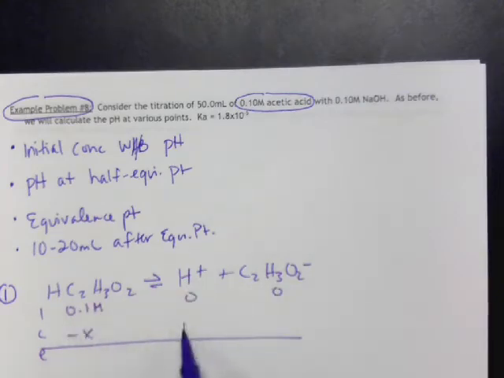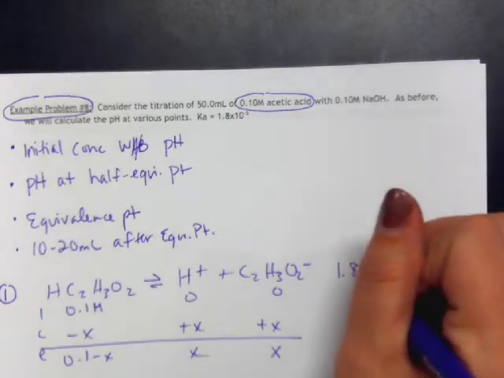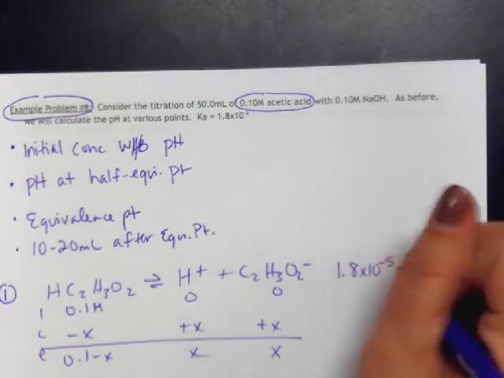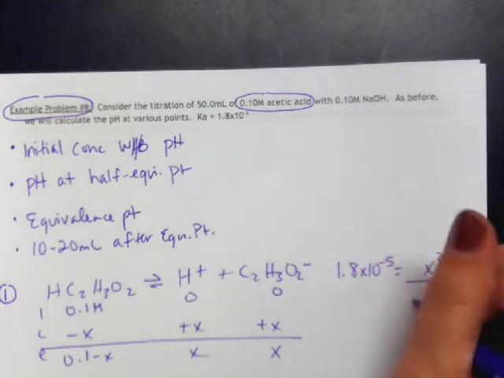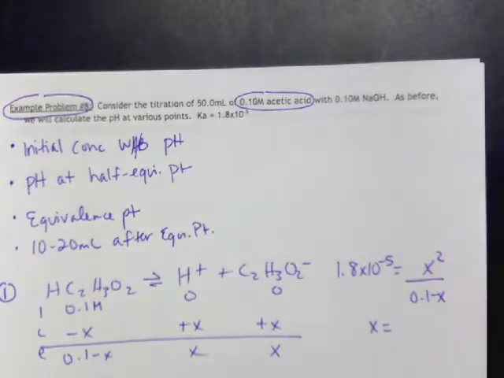We have minus x plus x, and we get 0.1 minus x, and x. Then we calculate our x. So we plug into our equilibrium expression. 1.8 times 10 minus 5 is equal to x squared over 0.1 minus x. We use our solver and we find our x.